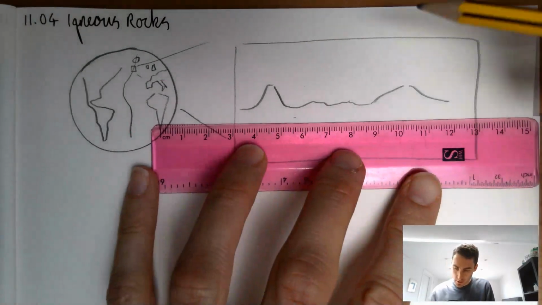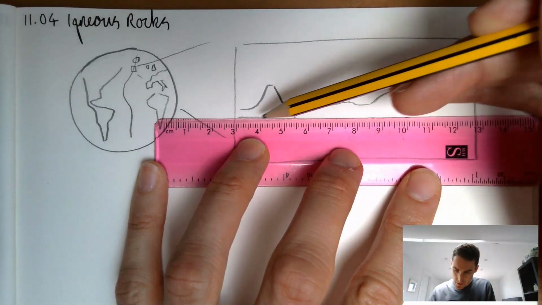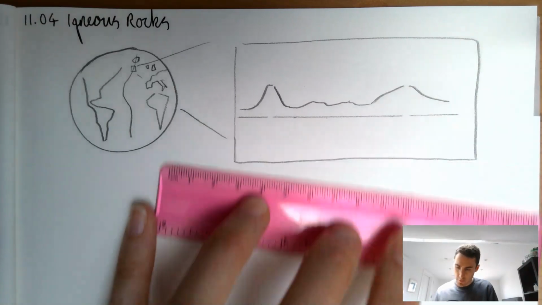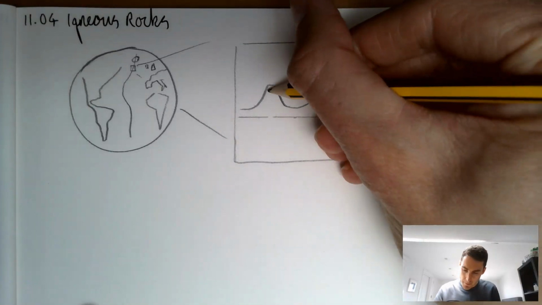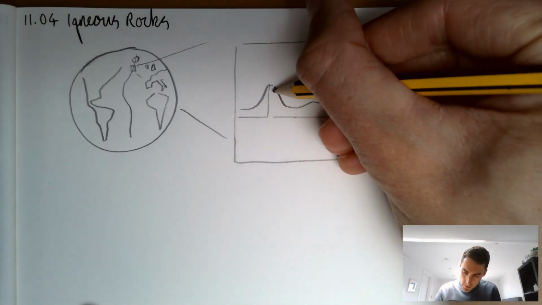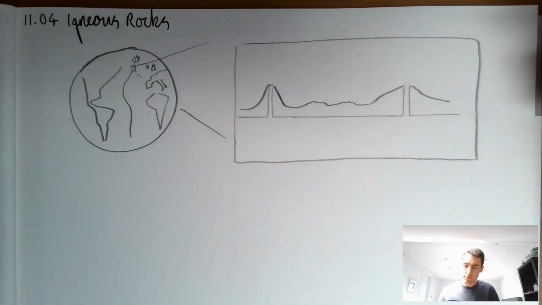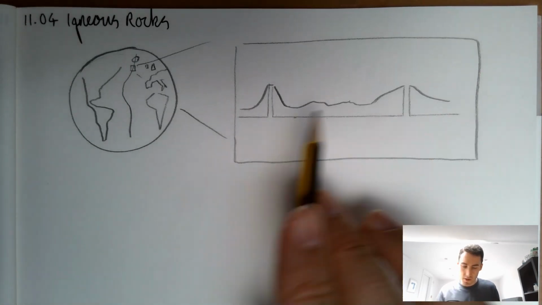It's not going to be a perfectly straight line, but underneath here I'm going to leave a couple of gaps where the volcanoes are. Then you've got the mantle under here, and obviously magma is moving around, but we've got some exit routes for magma from the mantle at the point of these volcanoes.